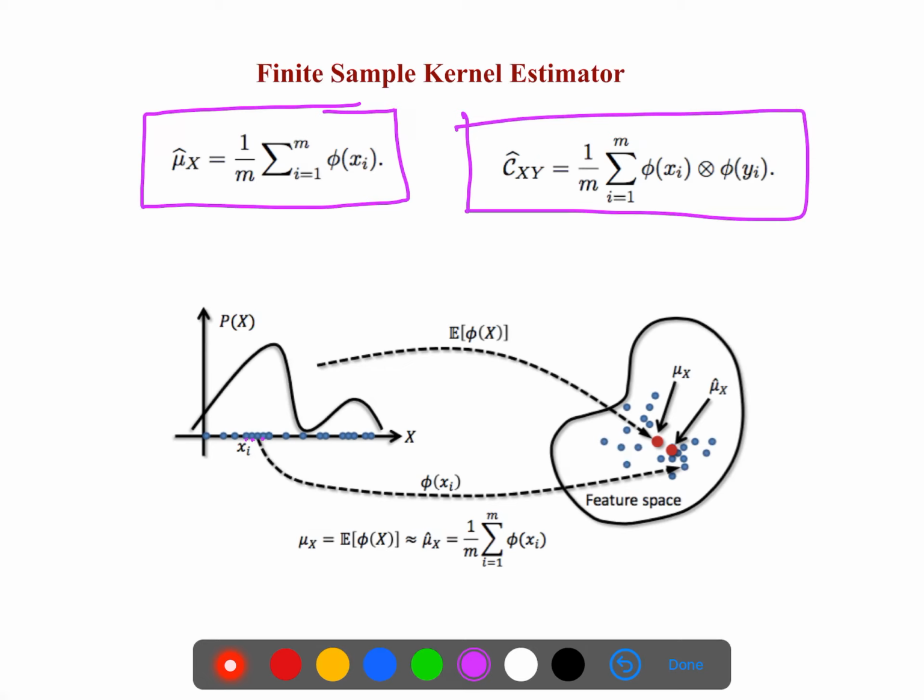So you see these points, they go to mu of x in reality. But when we approximate it, there is a difference between these two. If we reduce this difference, then our empirical approximation is very good.